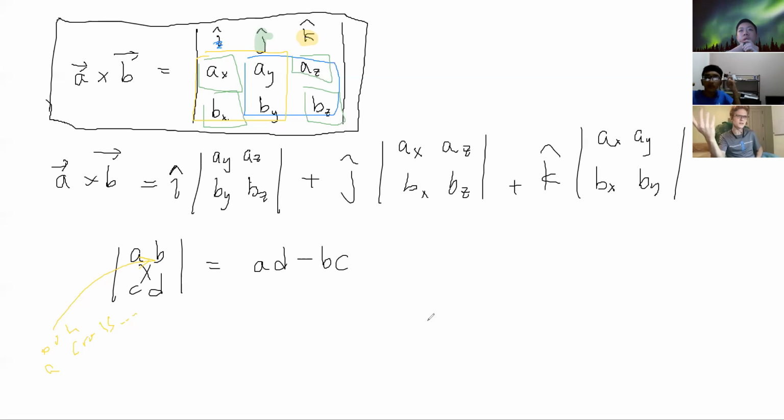Are you supposed to flip it? Well, from the component formula, I know the second term is AZ BX minus AX BZ. Okay, we have this. I think that's correct. Yeah, my mistake. I think I accidentally flipped it.